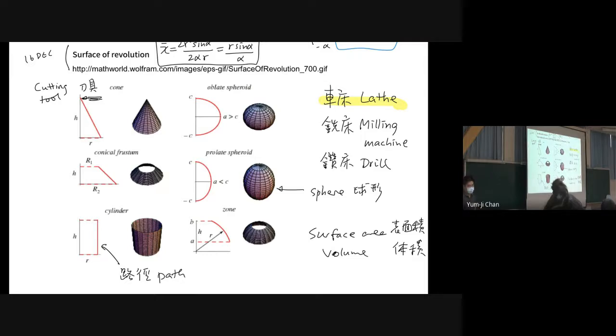So we have got some rules to get these surface areas and volumes. After you have copied this, please go to the next page, and I will talk about the next page, page 58.